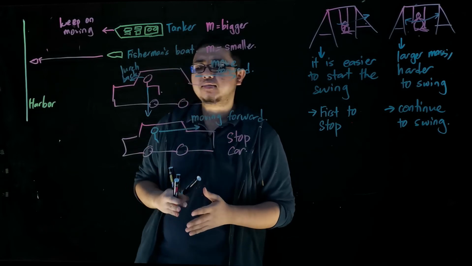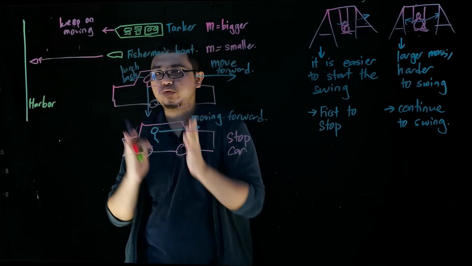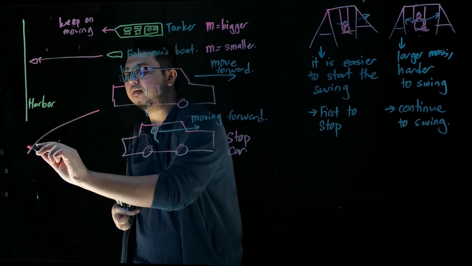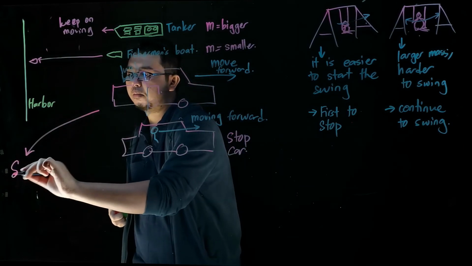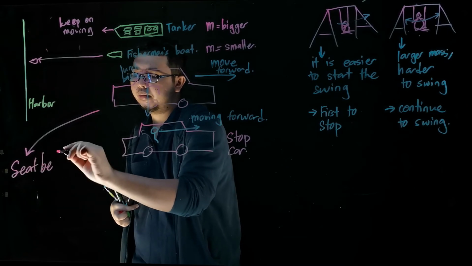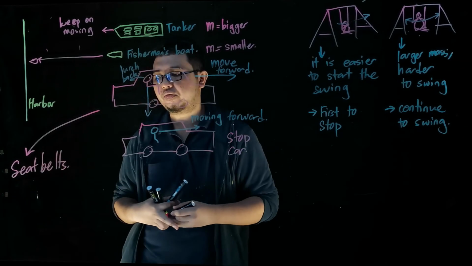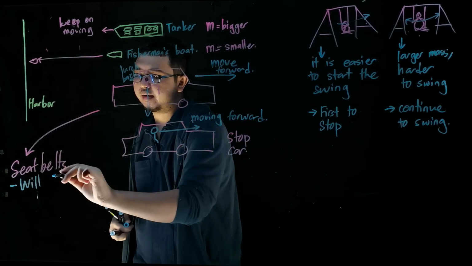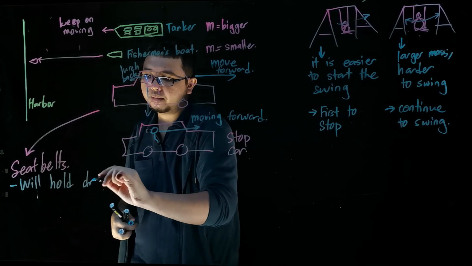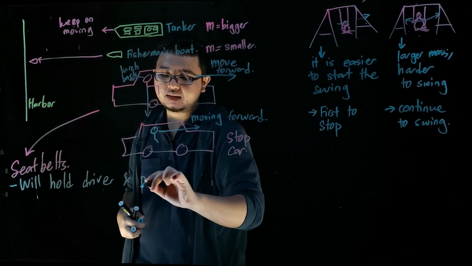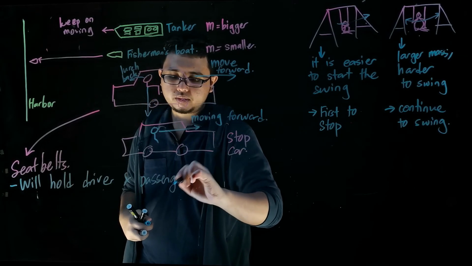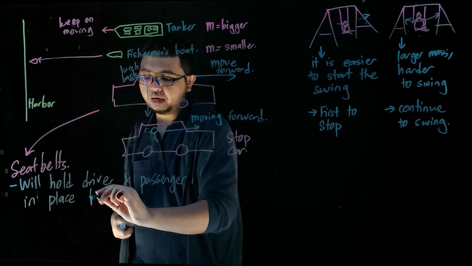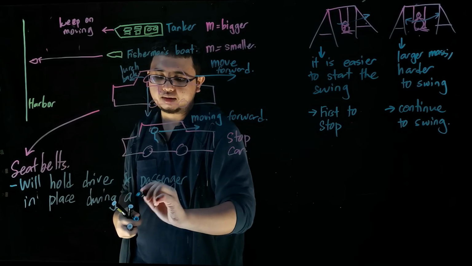Now, how is this related to safety and precaution? We can see inside cars, they have seat belts. How is this a safety precaution? The seat belt will hold the driver and passenger in place during an accident.